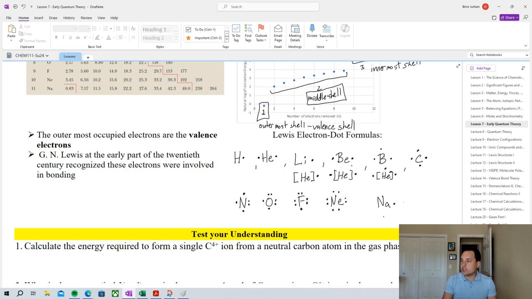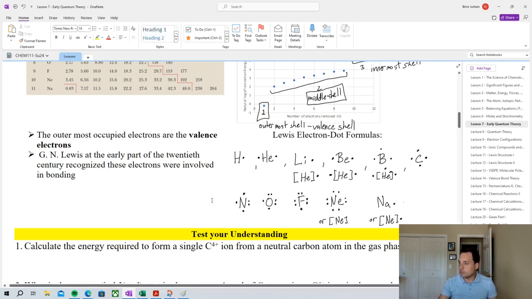But the inner core notation for sodium is now going to be the same as neon with 1 dot. If you want to do neon itself, you could just write it like this. This is kind of a corny notation, but it's done a lot as well.